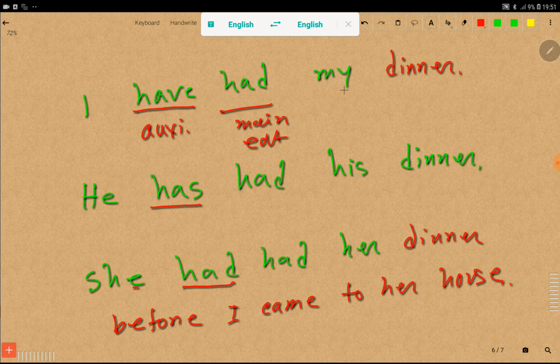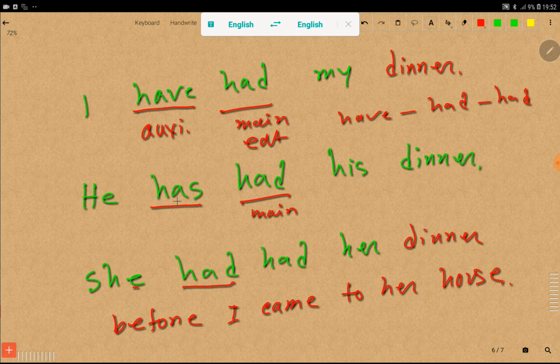I have had my dinner. So as a main verb, have has different meanings, right? So look at here. Here, he has had his dinner. Here, has is an auxiliary verb, and it is helping the main verb, had, to form present perfect tense. Actually, this had is the past form of have. Have had, right?